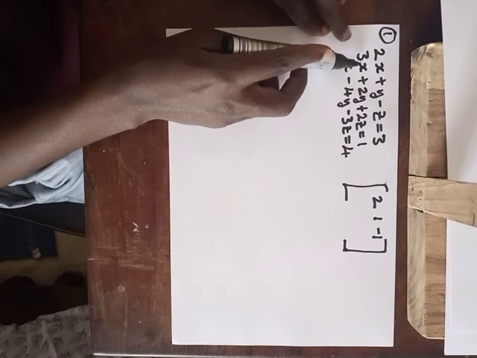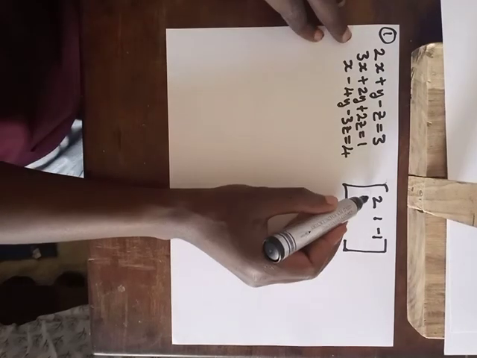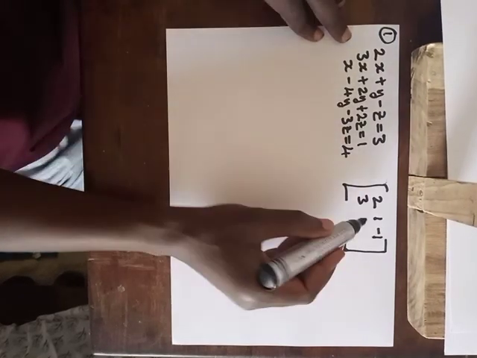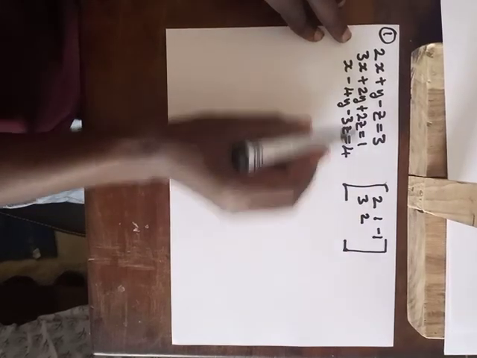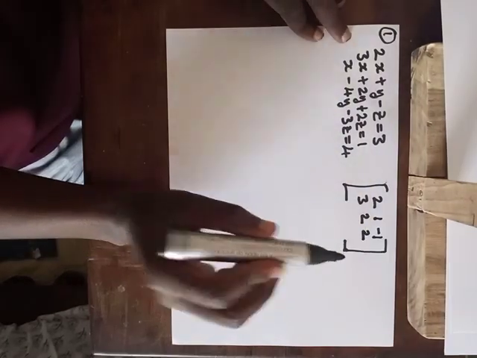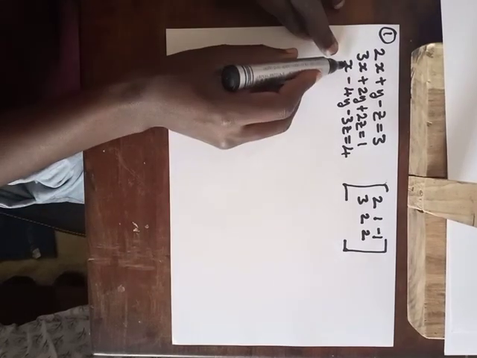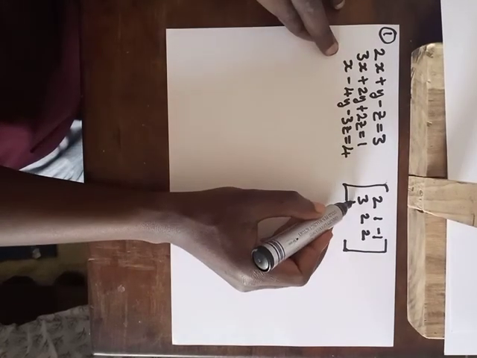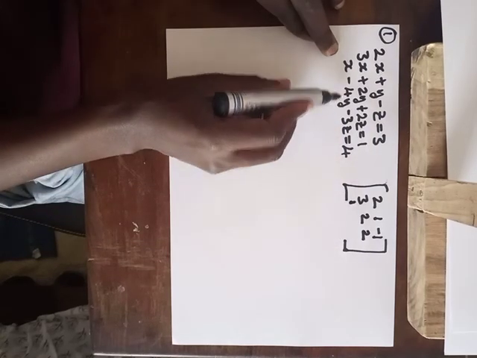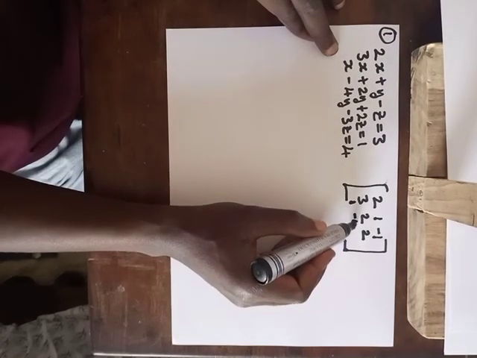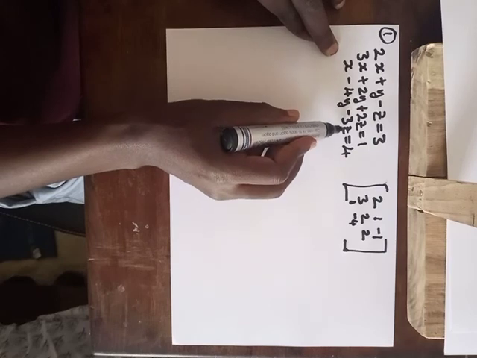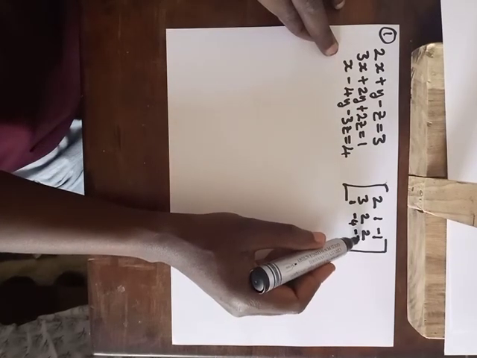Again, you come here, the one in front of x here is 3, and the one in front of y here is 2. The one in front of z here is 2. When I say 2, I automatically mean +2. So the one in front here is 1, or if you want, you can say +1. The one in front of y here is -4, and the one in front of z here is -3.